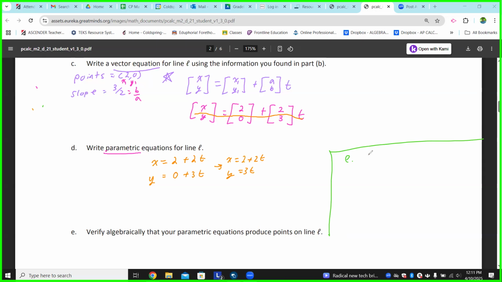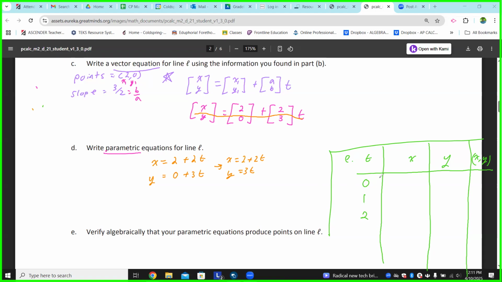So I'm going to do my table: T, X, Y. And really, I'm going to write an x comma y to represent this coordinate. I'm just going to do a few: 0 seconds, 1 second, 2 seconds. You can keep going forward. Directions might tell you to do however many you want to illustrate.